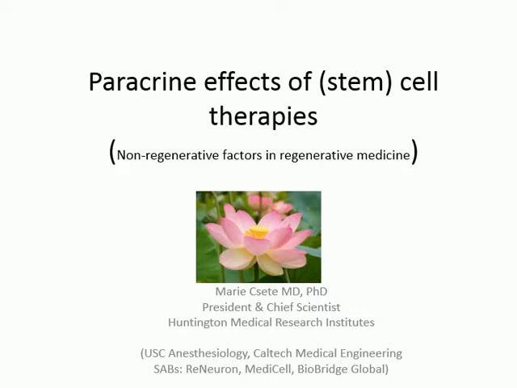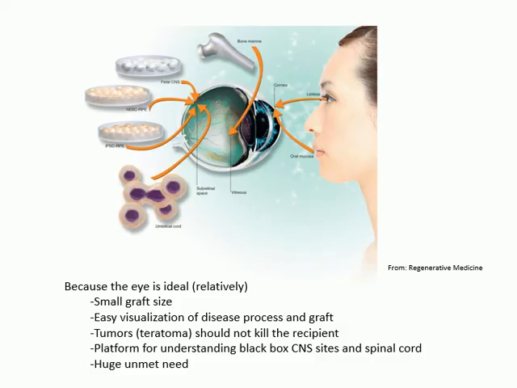But nonetheless, the paracrine effects of stem cells are also thought about in a very limited way. They are mostly thought about in terms of just growth factors. So the talk today is about non-regenerative factors in regenerative medicine, or paracrine effect stem cells.